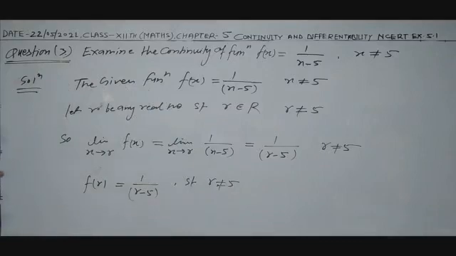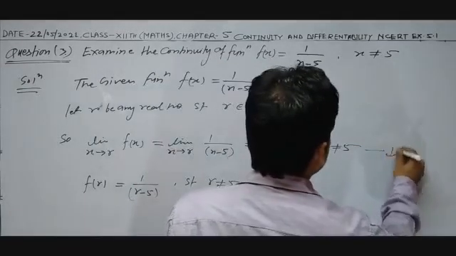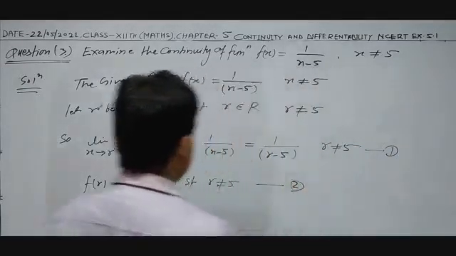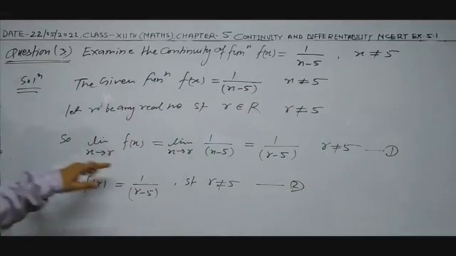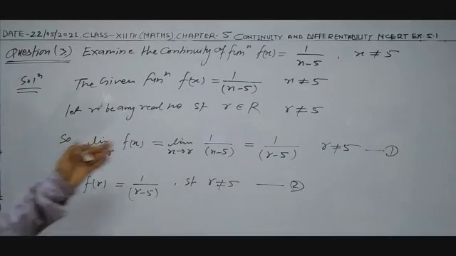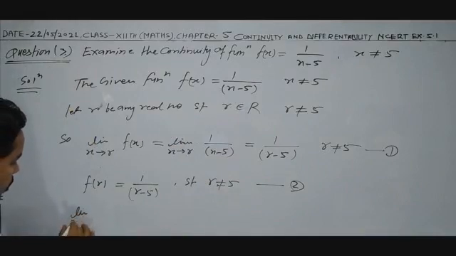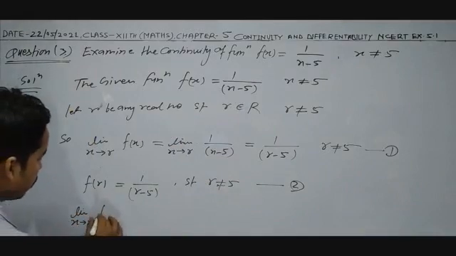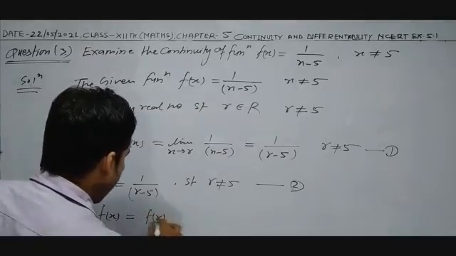So from this expression, consider equation 1 and equation 2. You can suppose left and right hand limit of this function and the value of the function at a given point. So from these two, equations 1 and 2, limit x tends to r, f of x is equal to f of r.